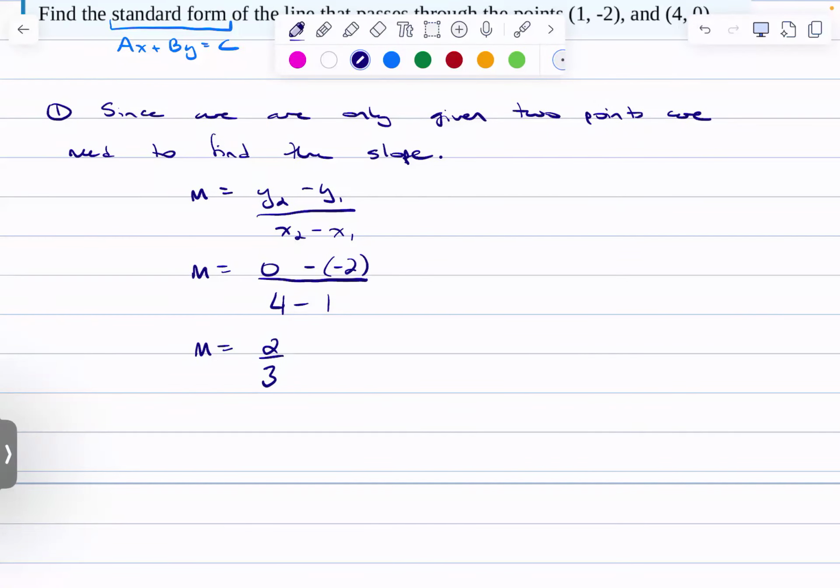Right? That minus -2 makes a +2, and 4 minus 1 is 3. So now we have the slope. That's great.